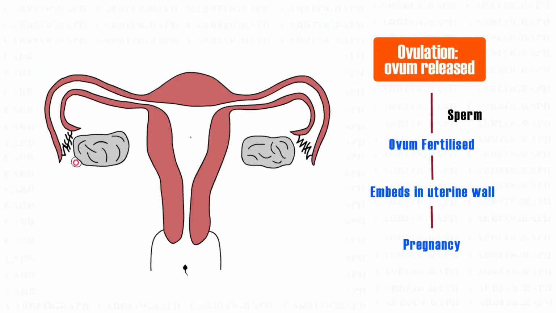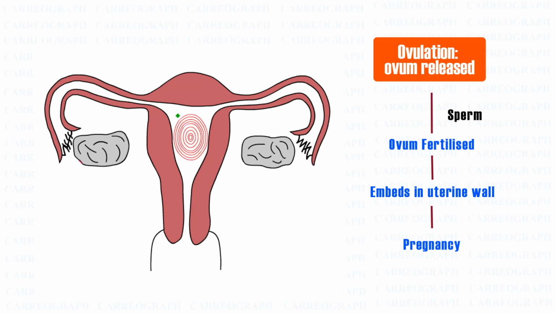But if on day 14 or 15, sperm is available in the fallopian tube, fertilization takes place. As you all know, fertilization takes place only in the fallopian tube. Once the ovum enters the uterus, there is no chance of fertilization.